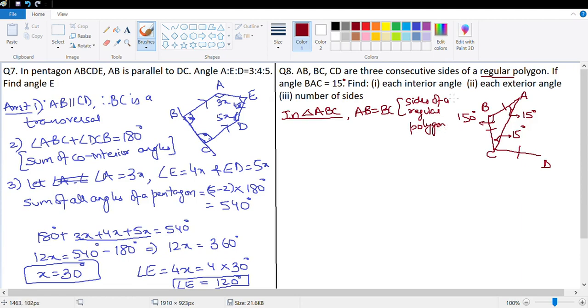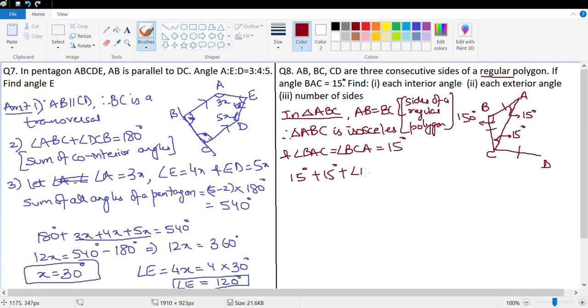Perfect. Therefore, triangle ABC is isosceles and angle BAC is equal to angle BCA is equal to 15 degrees. So 15 degrees plus 15 degrees plus angle ABC is equal to 180 degrees.